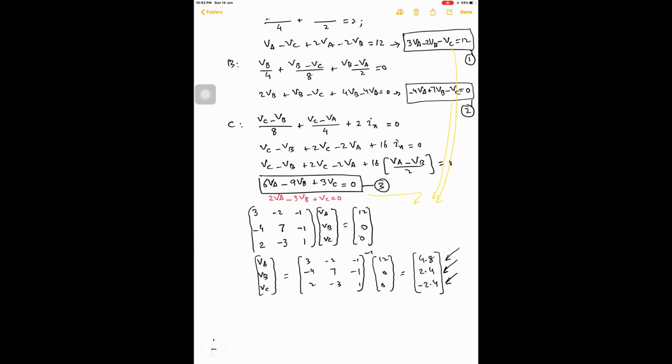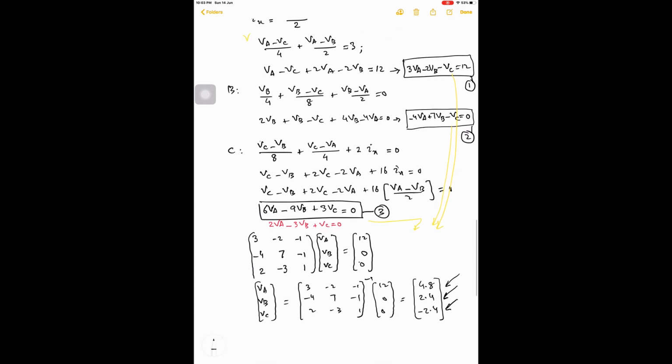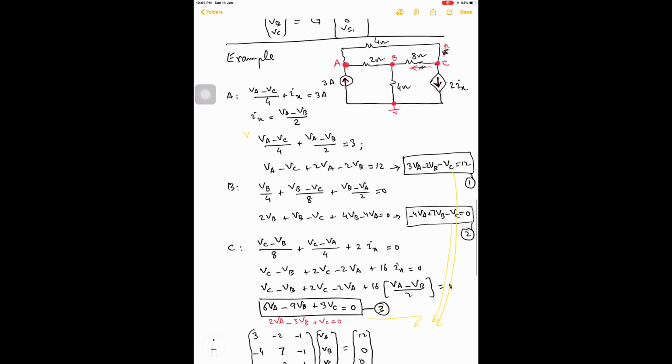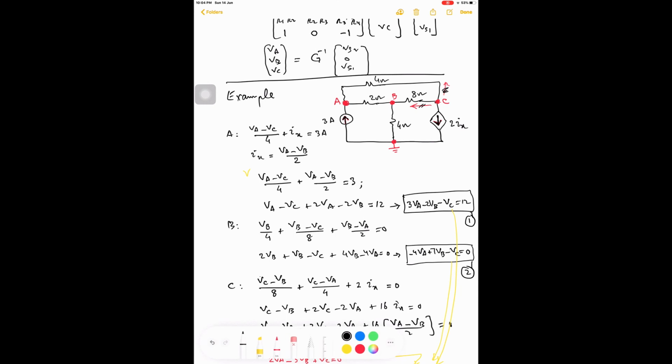Minus 2.4: the polarity of the voltage at node C is negative with respect to ground, and I will show you. This is minus 2.4, VC. So I will write it. Look at the circuit diagram. This is minus and plus, and this is 2.4 volt. This is the meaning of VC equal to minus 2.4.